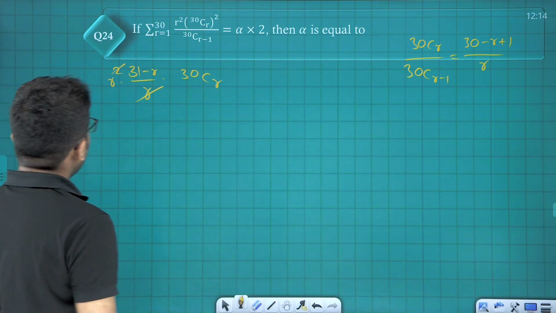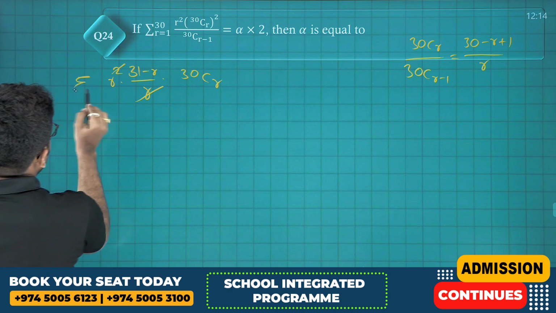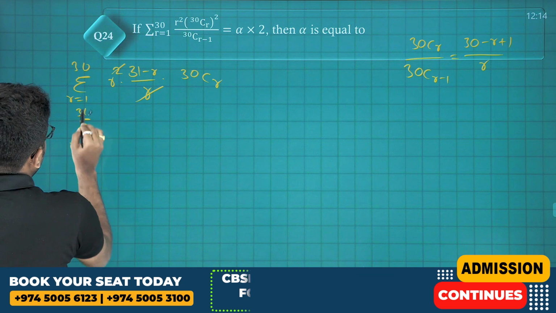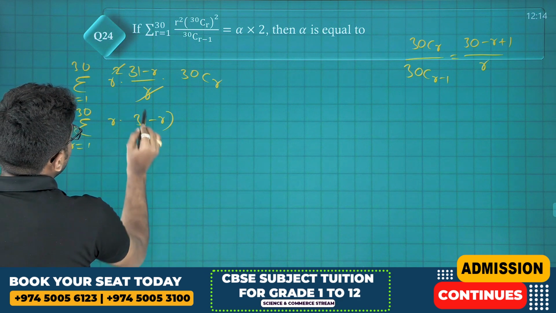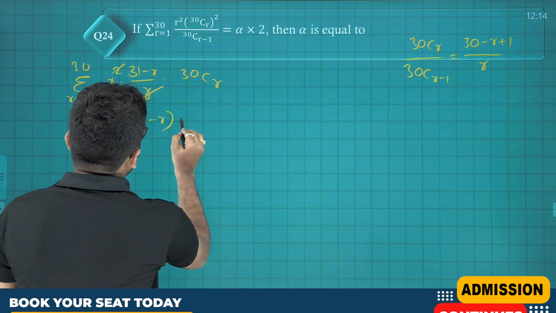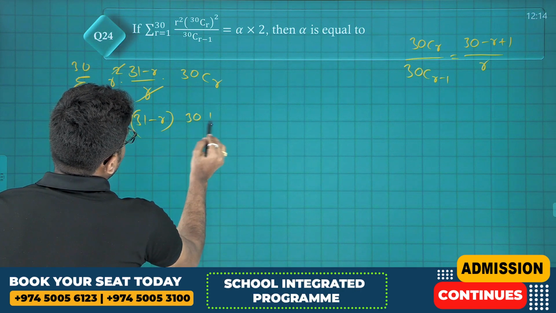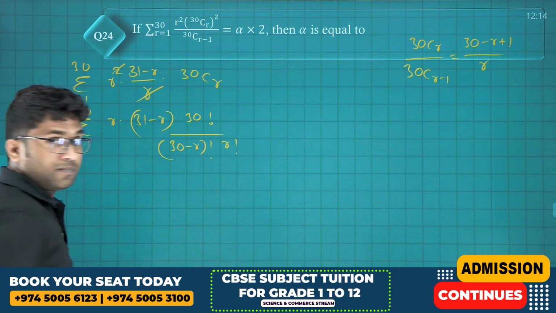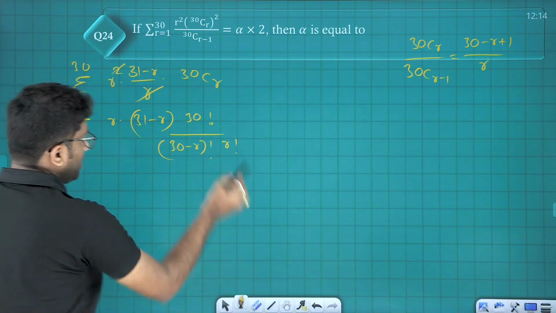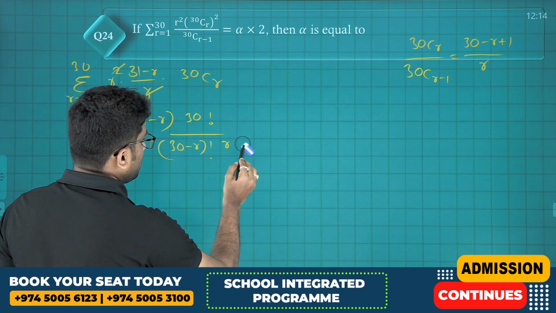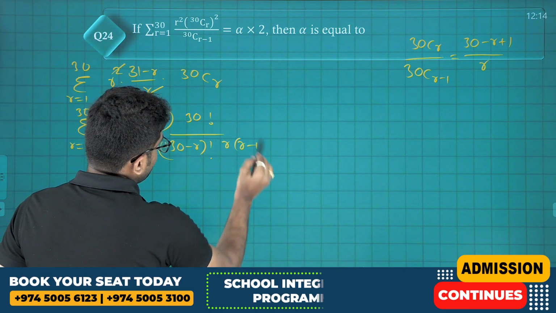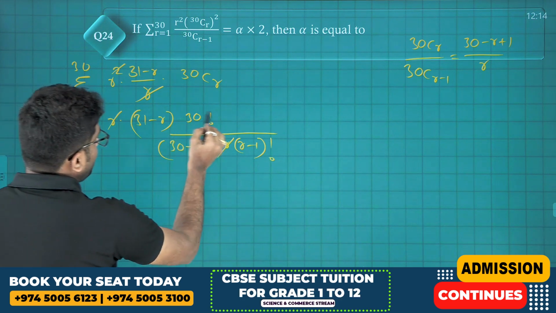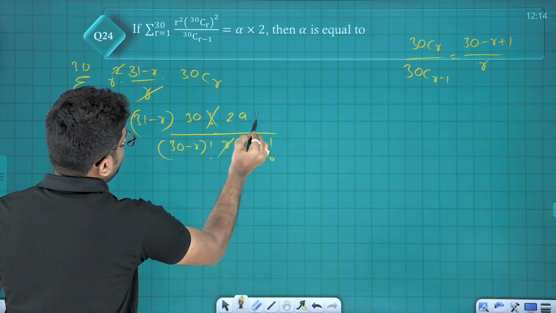Okay. Next. Sigma r equals 1 to 30. Now r into (31 minus r) into this 30Cr, we can write it as 30 factorial divided by (30 minus r) factorial into r factorial. Now this r factorial, we can write it as r into (r minus 1) factorial. r gets cancelled. Now 30 factorial can also be written as 30 into 29 factorial.